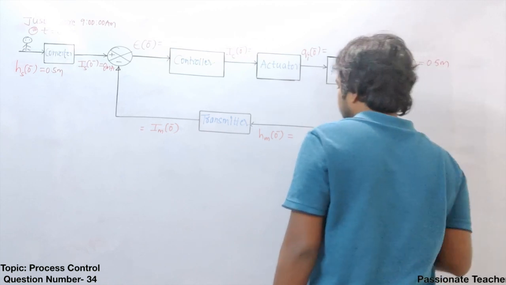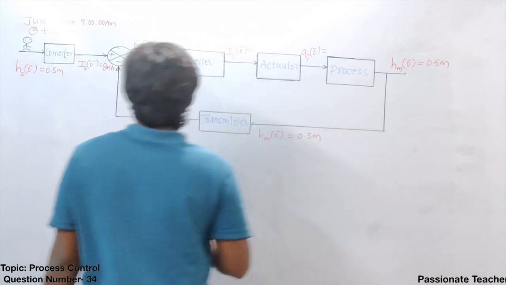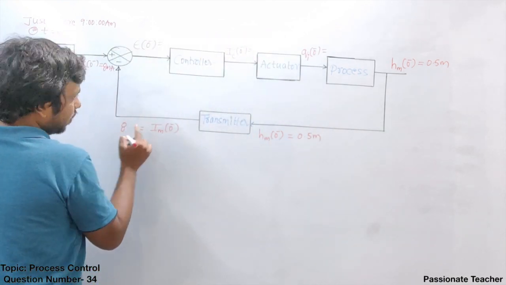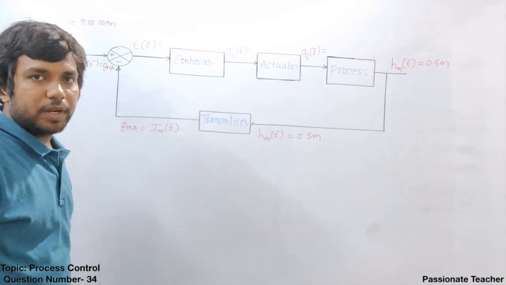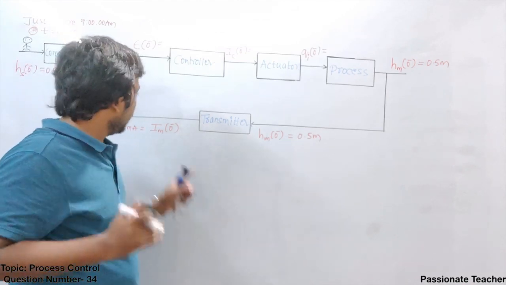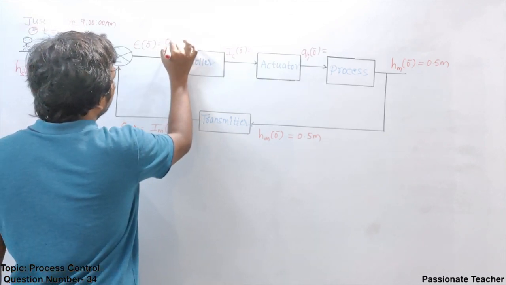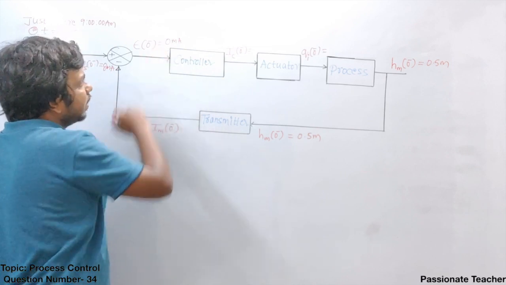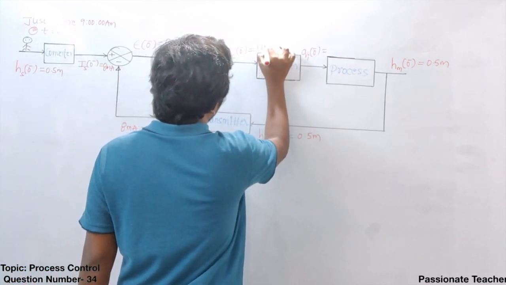And if it is 0.5 meter, we know that the water level to current conversion should bring this to be equal to 8 milliampere, right? So now when we have 8 milliampere here and 8 milliampere here, the error is going to be 0 milliampere. And if the error is 0 milliampere, the current generated by this should be equal to 12 milliampere.